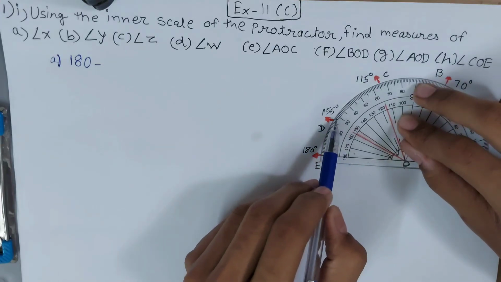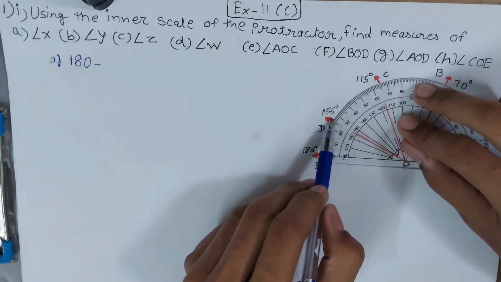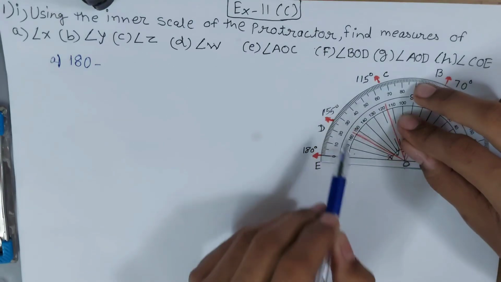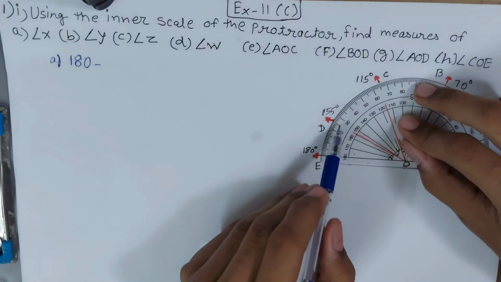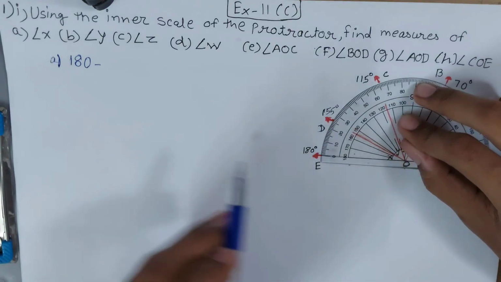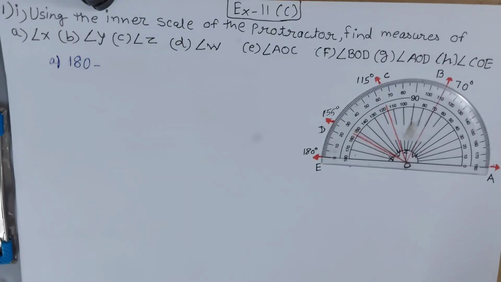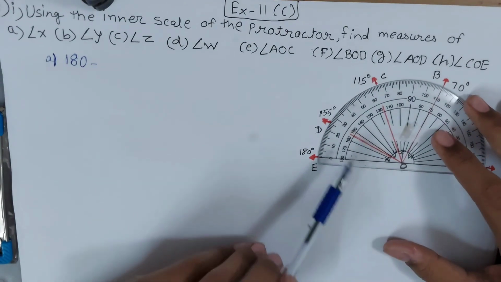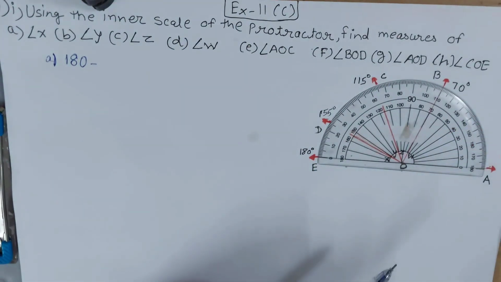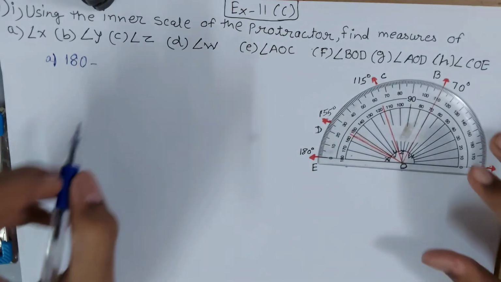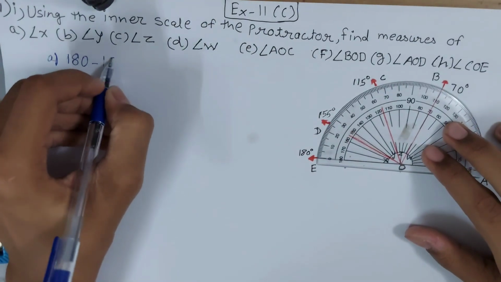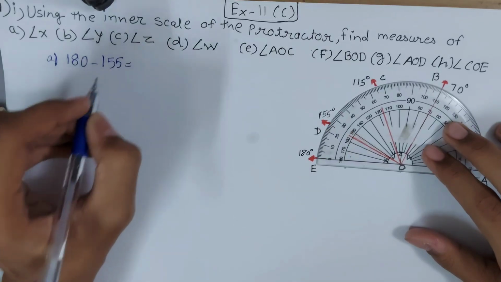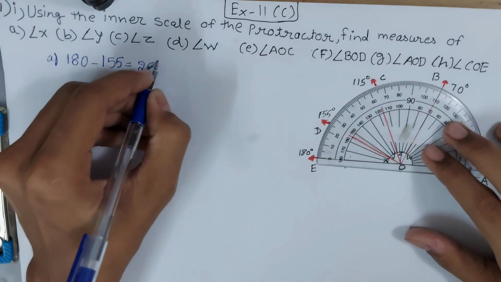So 150 here, 151, 152, 153, 154, and 155 finally. You have to see it carefully. So you are going to subtract 155 from 180, and this will give you the reading of angle X, which is 25 degrees.